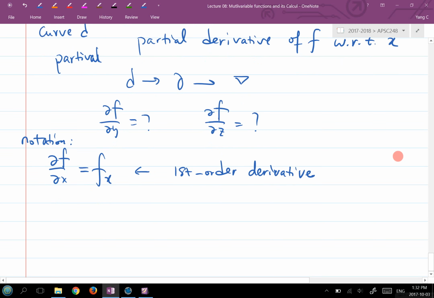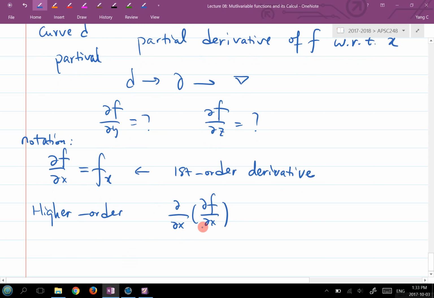And you do have high order. For example, if we have partial f over partial x, we can take another partial derivative with respect to x, once you get the result here.